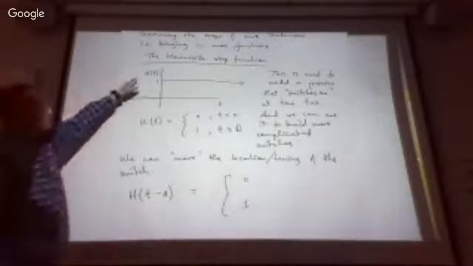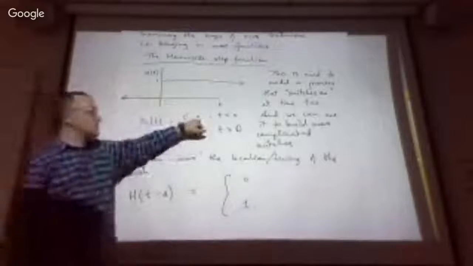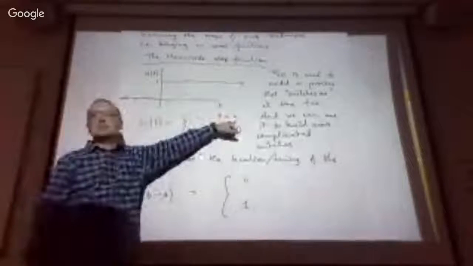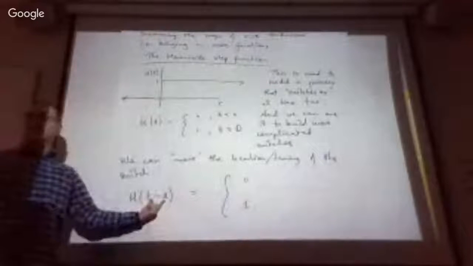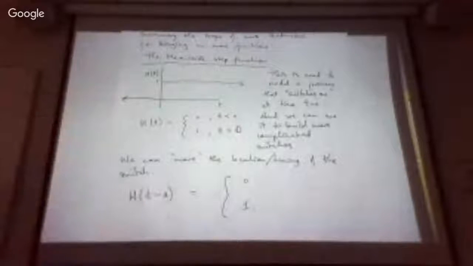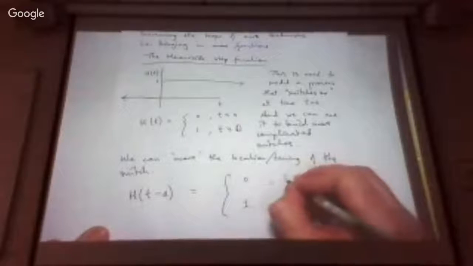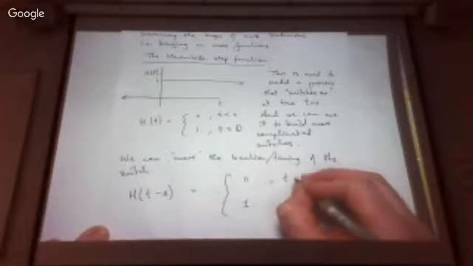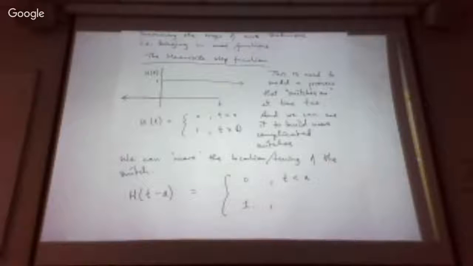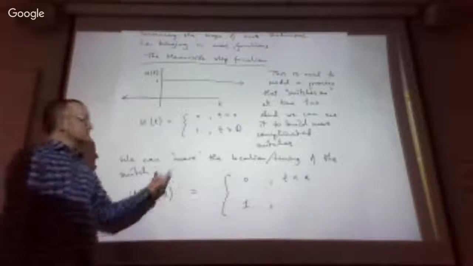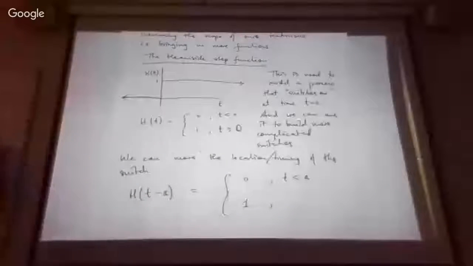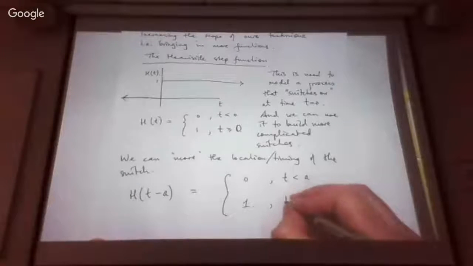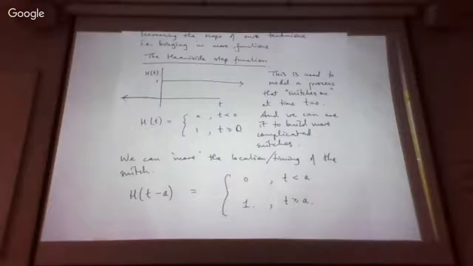The Heaviside step function was defined so that it takes the value 0 when its argument is negative. So this will still do the same thing. This function will take the value 0 when its argument is negative. But t minus a being negative is the same as t less than a. And it takes the value 1 when the argument is non-negative, past 0. So when t minus a is past 0, that happens when t is bigger than or equal to a.